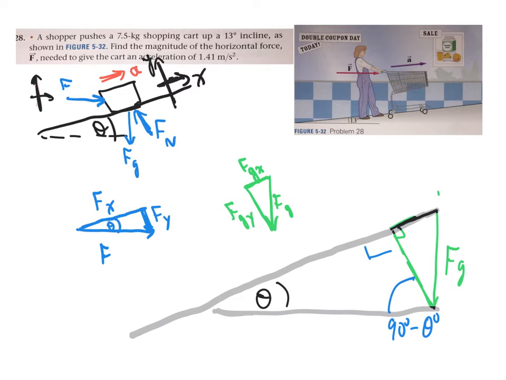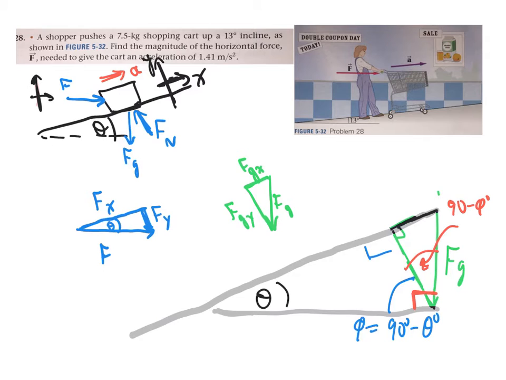And that in turn says that this angle, sorry, let's go back and name this angle phi. Then this angle is 90 minus phi because of this right angle.